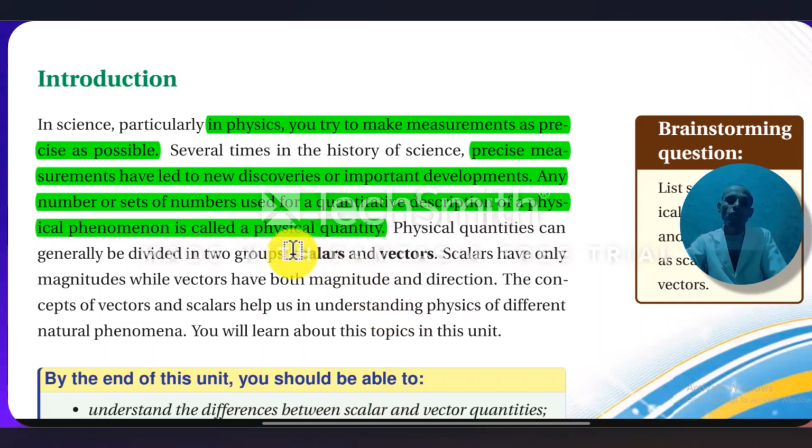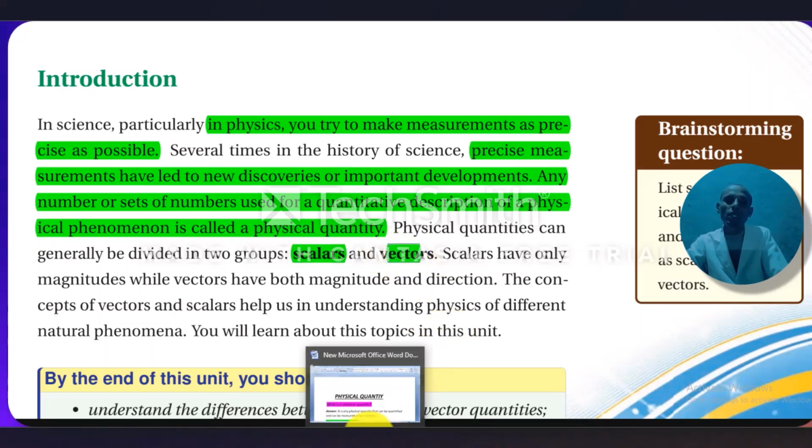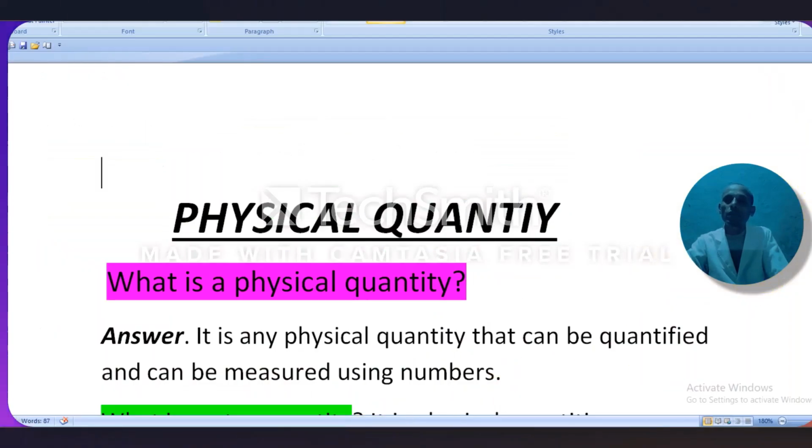Physical quantity is divided into two subcategories. The first one is scalar quantity, and the second one is vector quantity. What is a vector quantity? What is a scalar quantity? Let me see one by one.